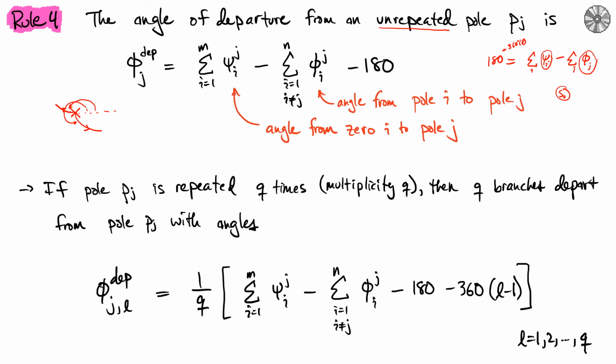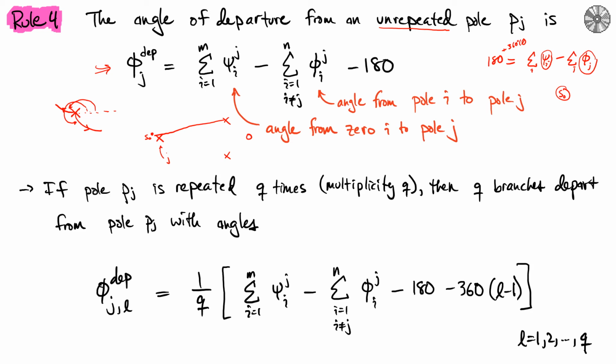Where we get this formula comes from the idea that if we have a pole and we're trying to test what angle it departs at, we're going to be testing a point that is very close to one of the poles. So this right here is pole j. In this case, you're going to have other poles and possibly other zeros that are then going to point towards s0.